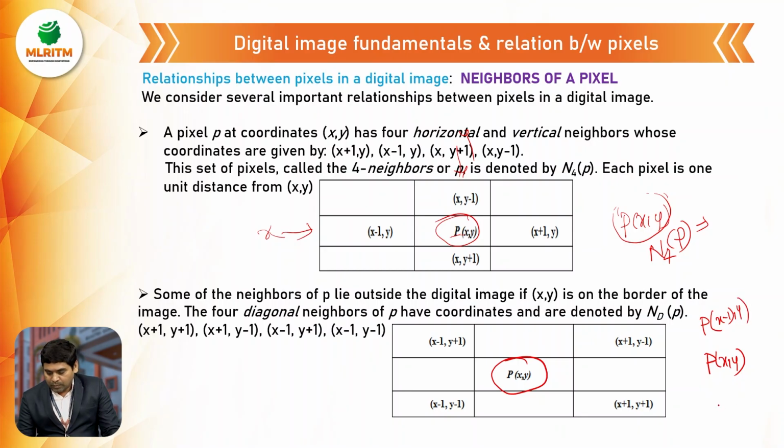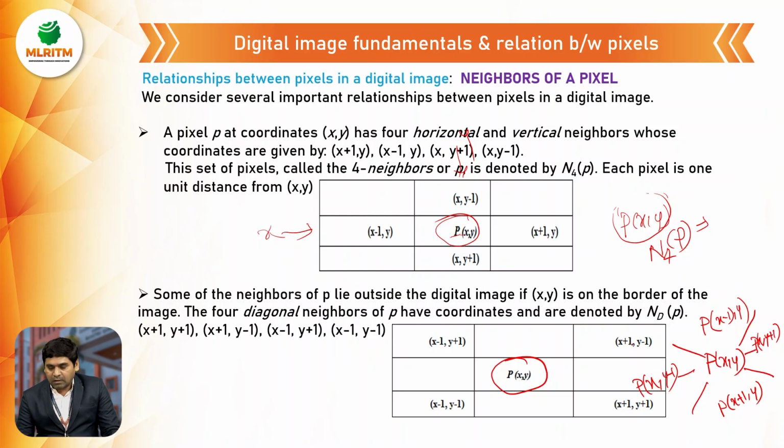Below p, the row changes, x plus 1 comma y, same column. Left of p is x comma y minus 1, same row and the column changed. In a similar manner, right is p of x comma y plus 1. So these are the n4 of p that we know, but now we can represent the diagonal neighbors.